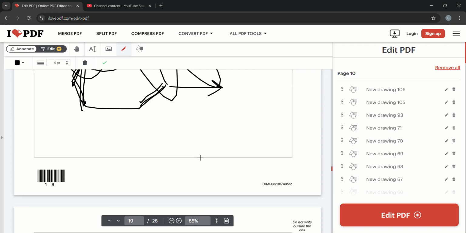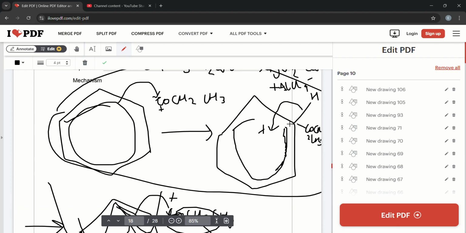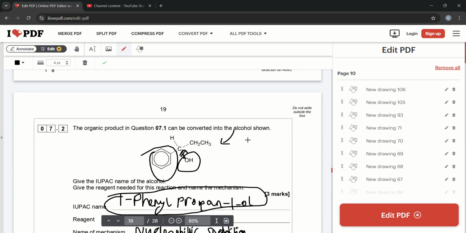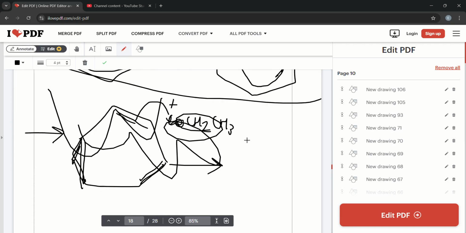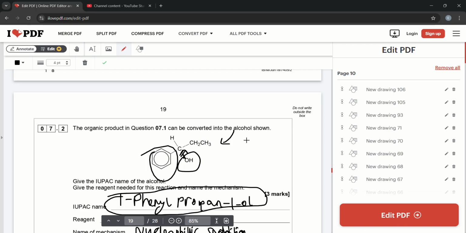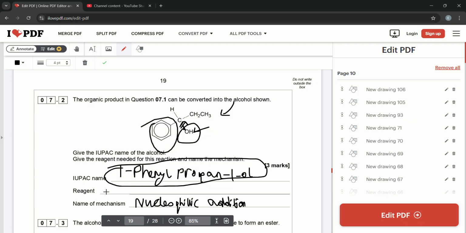All we're doing actually, we've got a hydrogen, we've got COCH2CH3. Yeah, all we're doing is we're adding a hydrogen, I think, and the reagent LiAlH4. But actually for this one it's probably NaBH4 or LiAlH4. Doesn't really matter which one you put in.